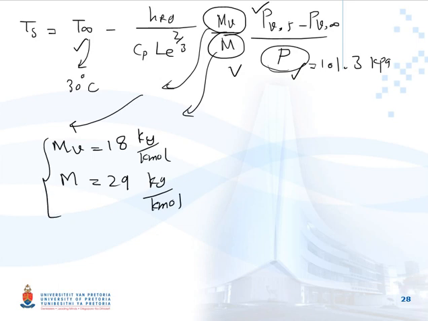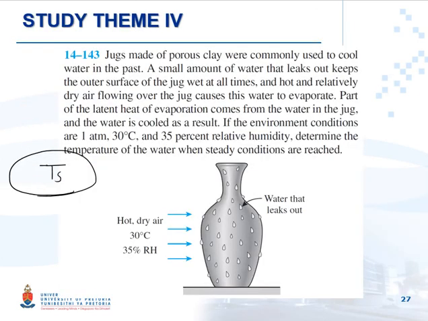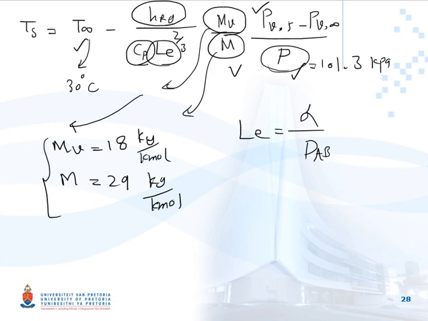So we need to find hfg, we need to find Cp, we need to find the Lewis number. The Lewis number, we know, is alpha divided by DAB. Let's check if alpha or DAB is given. No, I don't see any numbers here, so it's not given, and we need to calculate those two.